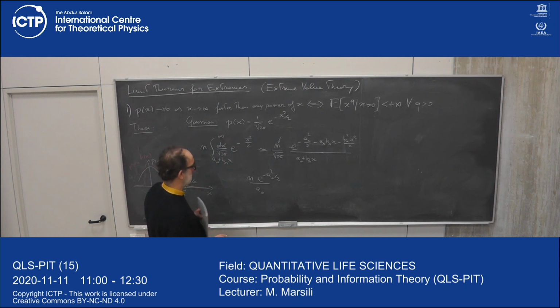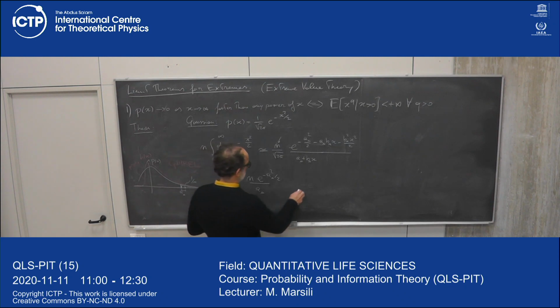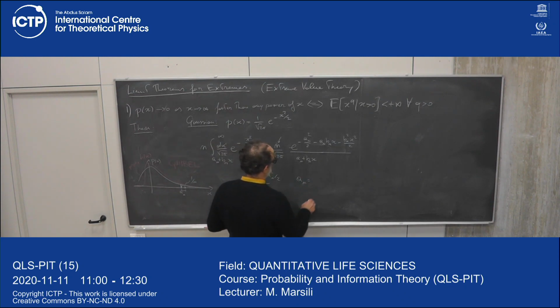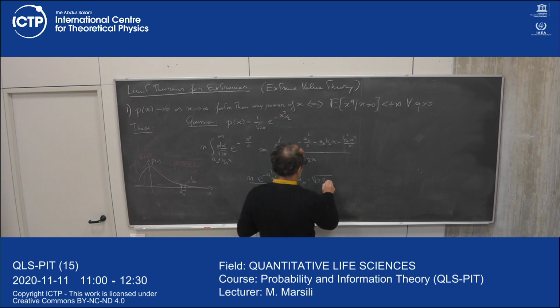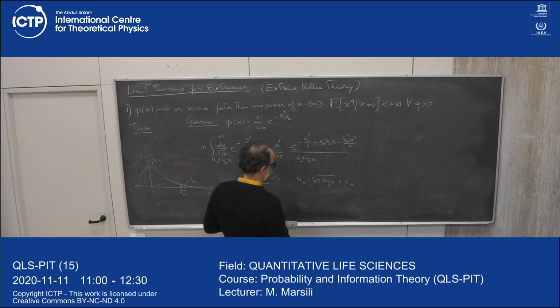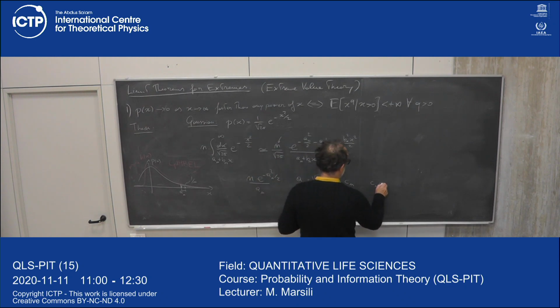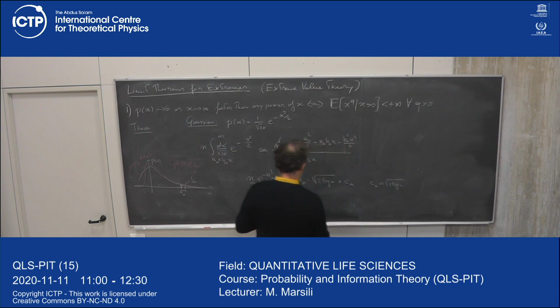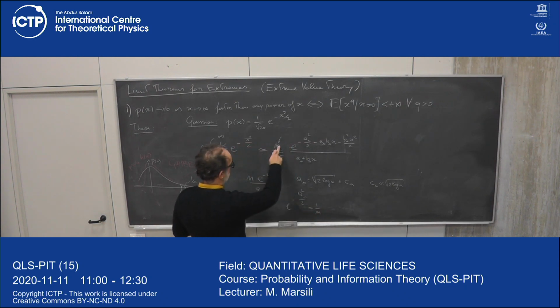And in order to do this, if I take an equal to the square root of 2 log n, plus another constant, let's call it Cn, where Cn is much less than square root of 2 log n, then you see that e to the minus an squared over 2 is exactly equal to 1 over n, and it cancels this one, okay?